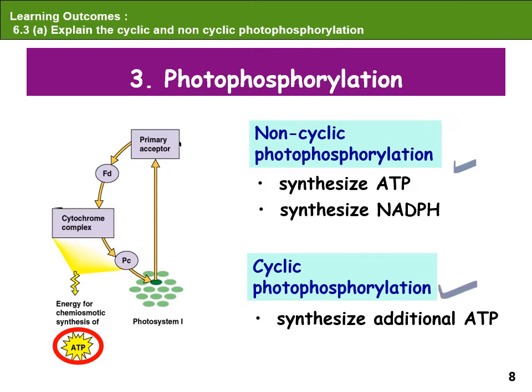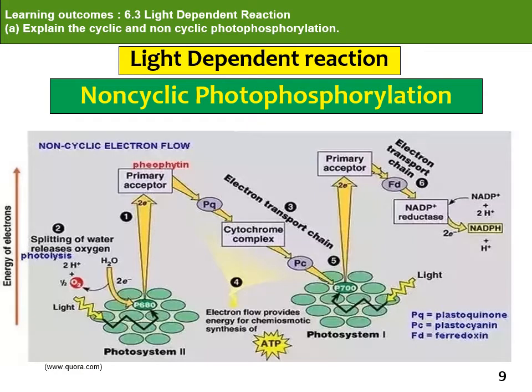Non-cyclic photophosphorylation will synthesize ATP and NADPH, while for cyclic photophosphorylation it will synthesize the additional ATP. Okay. So kita buat general overview lah sebelum pergi for more details the process of non-cyclic photophosphorylation.